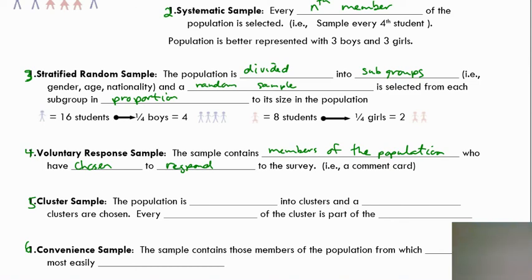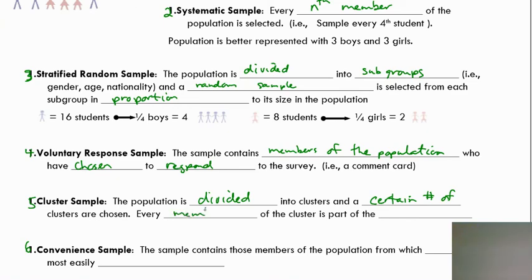Remember we talked about bias being a big part of it. Now here's the next one, cluster sample. The population is divided into clusters, and a certain number of clusters are chosen.